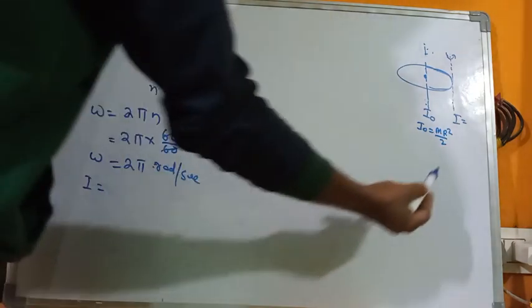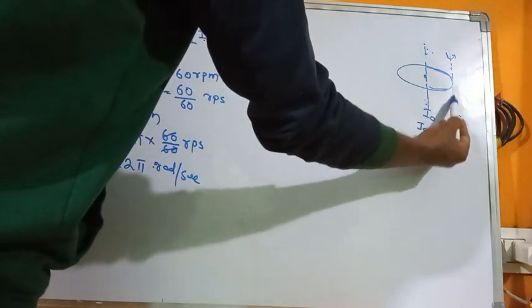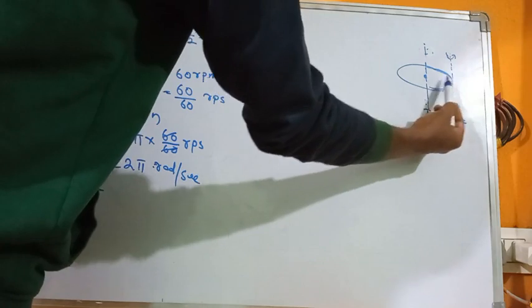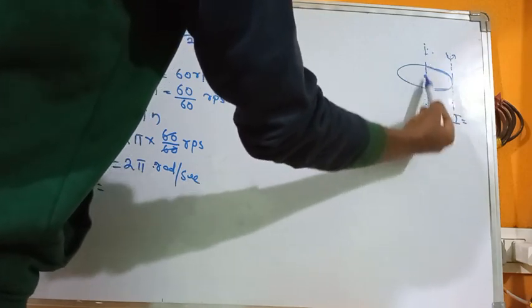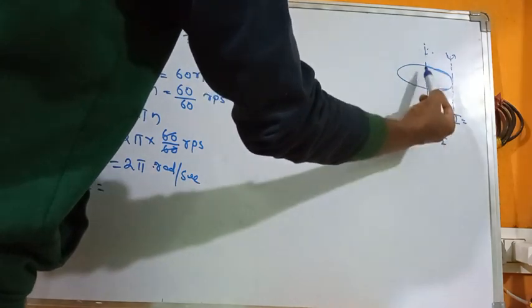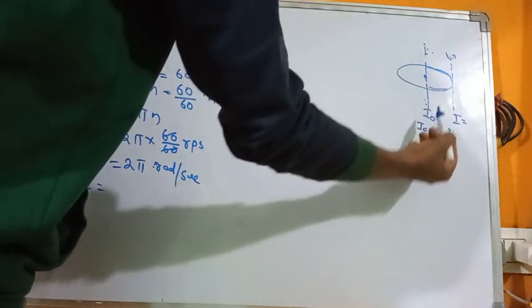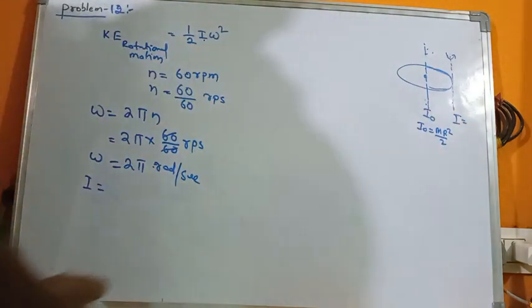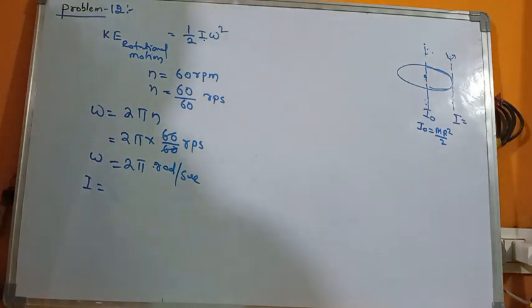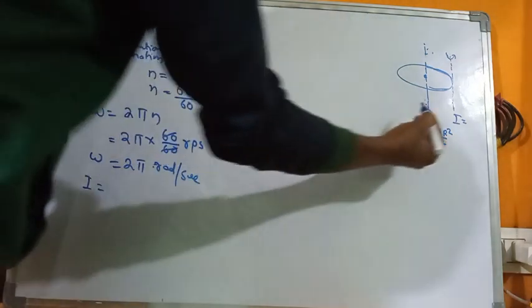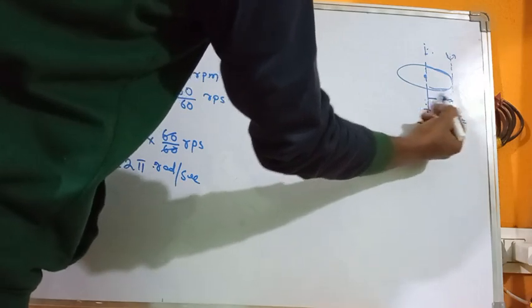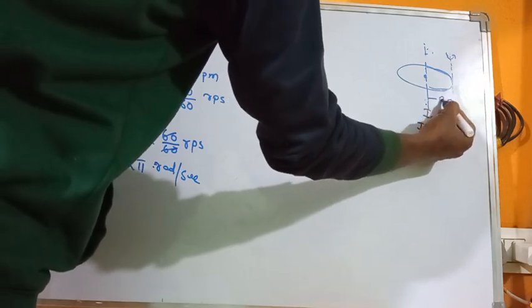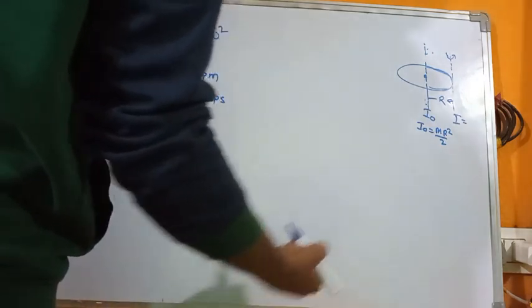For any axis parallel to the axis through the center of mass, we have to use the parallel axis theorem. The distance between the two parallel axes is nothing but the radius r.